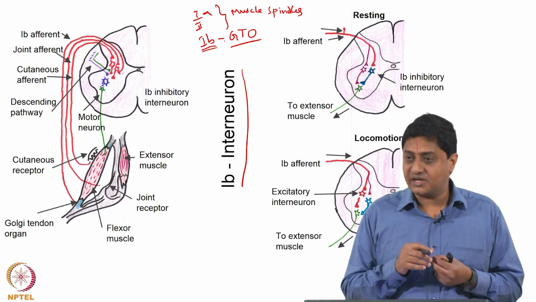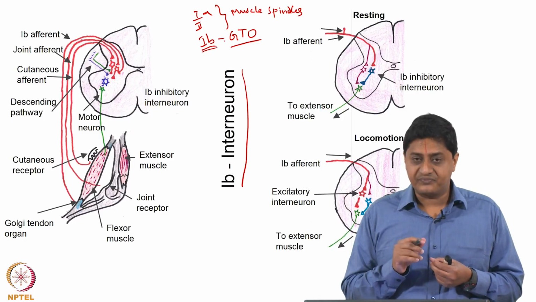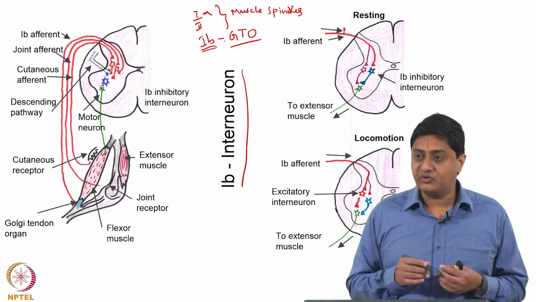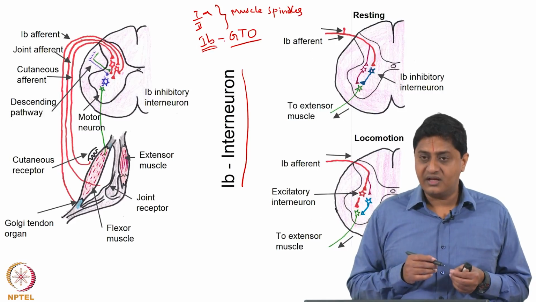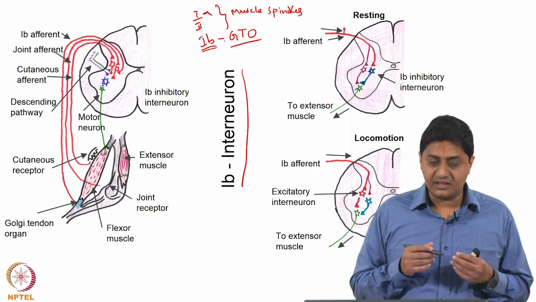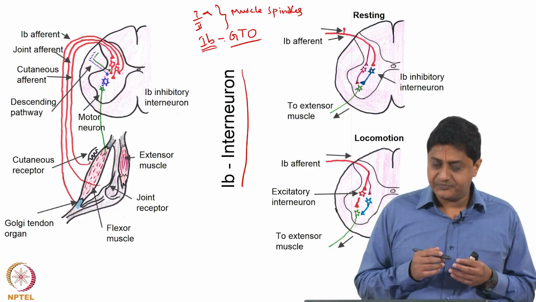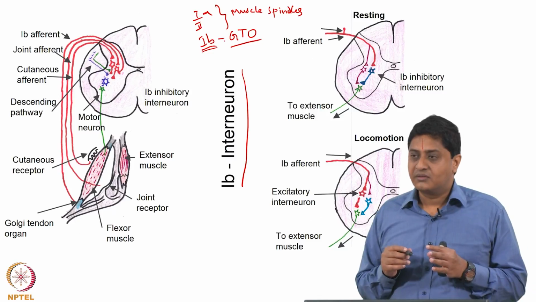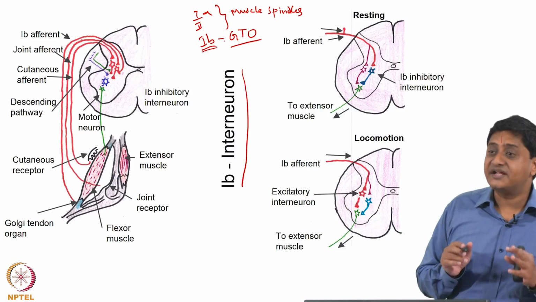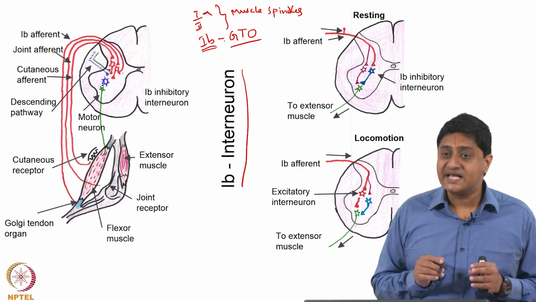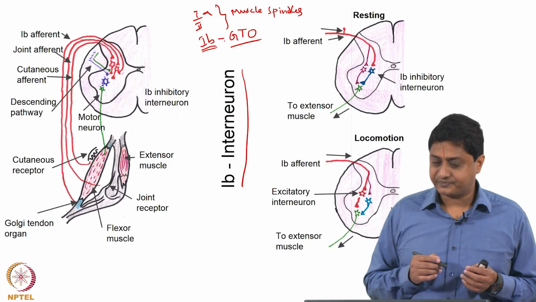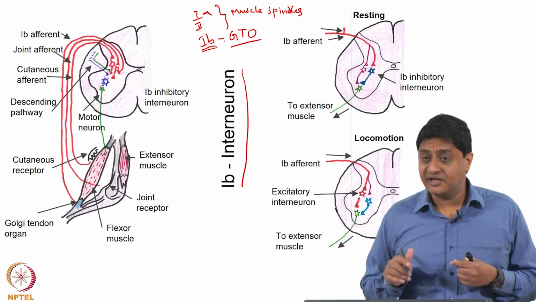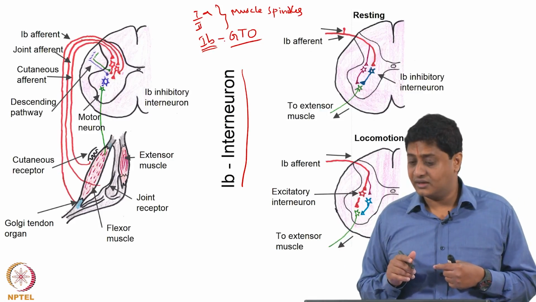If biceps is contracting, its 1B afferent will find a way to inhibit the alpha motor neurons that contract the biceps, but let us remember that all proprioceptors by definition are excitatory, they always excite. So, that means I cannot directly inhibit the alpha motor neuron.